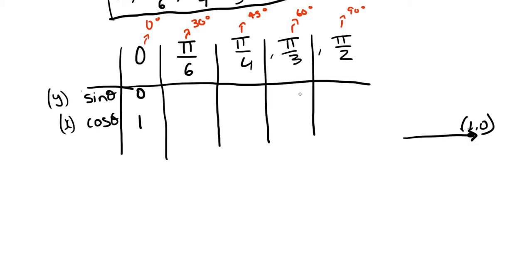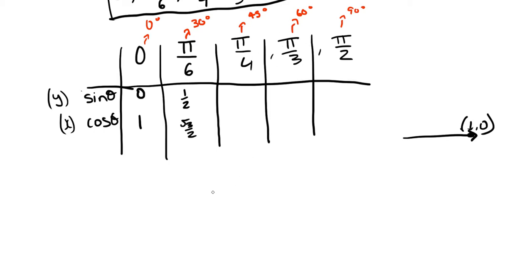So these are basically your degree measures, and these are the radians. The radians are what you will see more often, but you can always visualize them as degrees. Okay, so pi over 6, we know its y coordinate is 1/2, and its x is root 3 over 2. And now let's go straight to pi over 3.